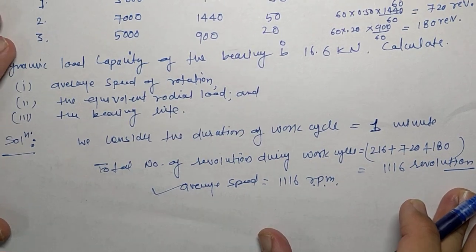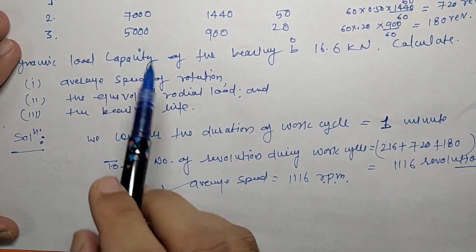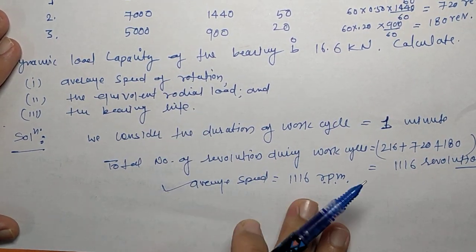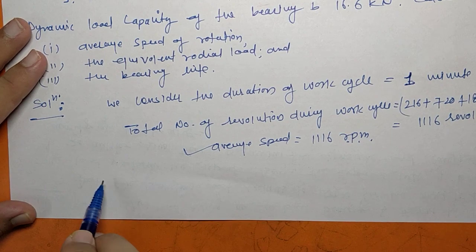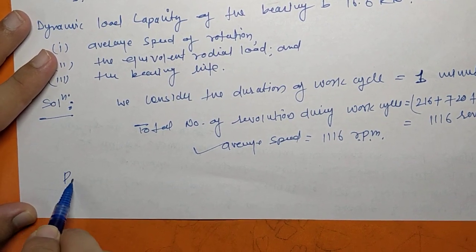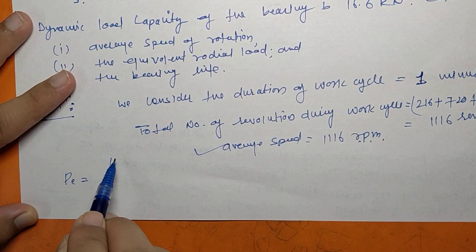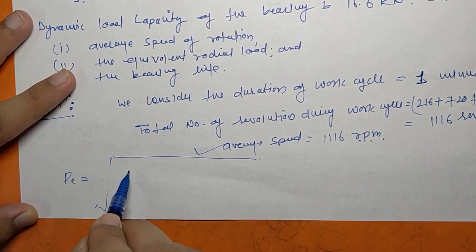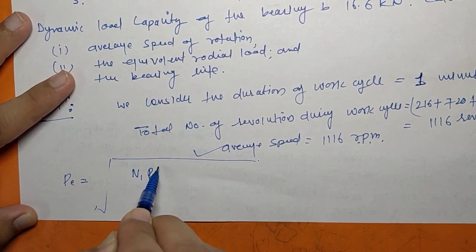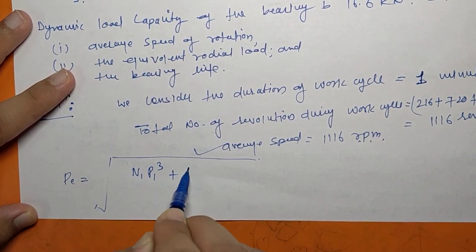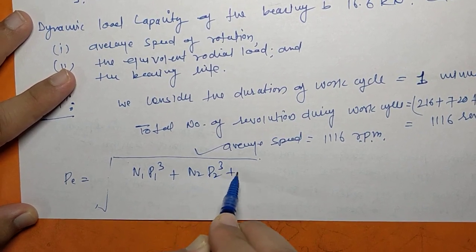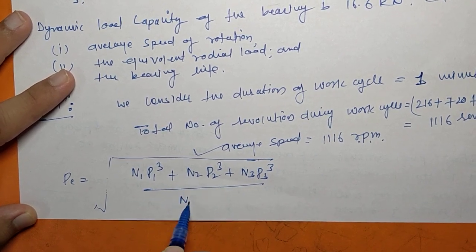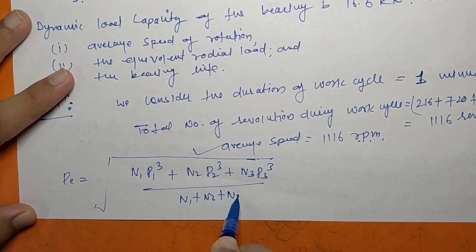We know that if the radial load is varying over a number of cycles, then to find the equivalent radial load, the formula is P equivalent equals the cubic root of N1 P1 cube plus N2 P2 cube plus N3 P3 cube divided by N1 plus N2 plus N3.